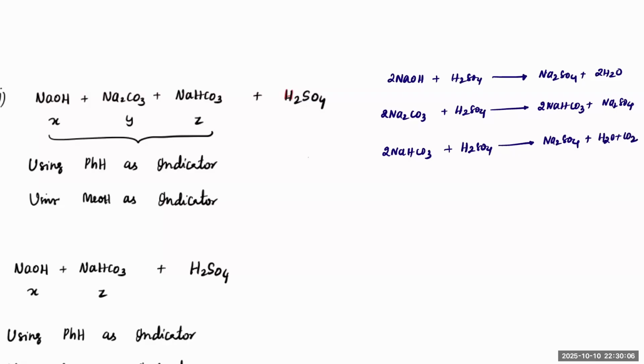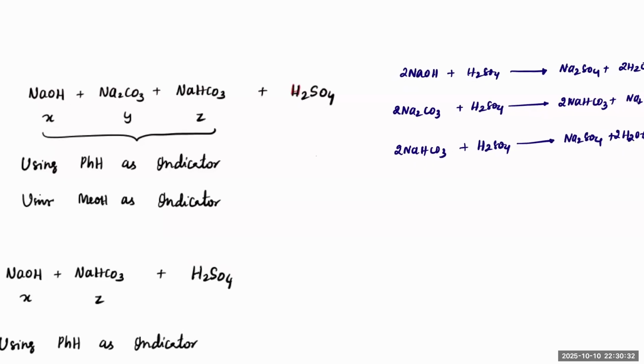Okay, got it? So 2 moles of this and 2 moles of this, like this. These are the reactions that will happen with H2SO4. The only difference between HCl and H2SO4 is that here it will be a 2:1 ratio in all the equations. There it is always a 1:1 ratio in all the equations. So tell me, using phenolphthalein, how many moles of H2SO4 to be used now? Because phenolphthalein will recognize this one and this one. So how much should it be?